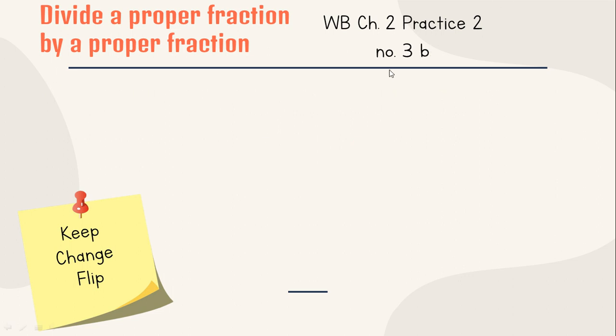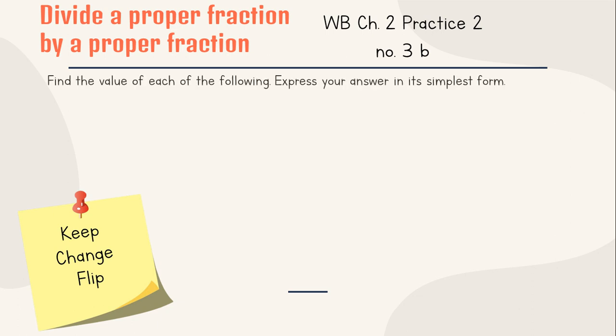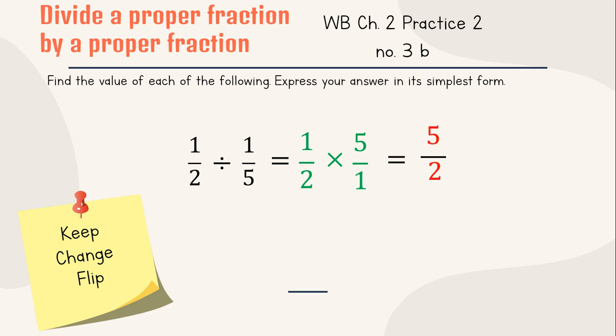Okay, that's it. Number 3B now. 1 per 2 divided by 1 per 5. Keep, change, flip. Kind of easy, right? Can we simplify something here? No, because 2 cannot be divided by 5 and 5 cannot be divided by 2. So now we have 1 times 5, 2 times 1, so 5 per 2.